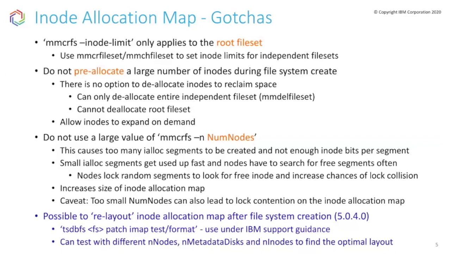Sure. How is the Inode Allocation Map and its segmentation affected if metadata NSDs are added or deleted? It doesn't. Once you have created the Inode Allocation Map, the layout doesn't change. So that's what you have now. If you want to move metadata disks around, that's up to you.